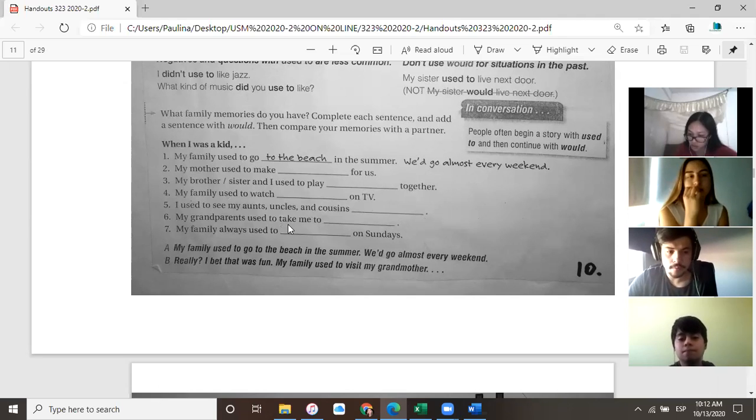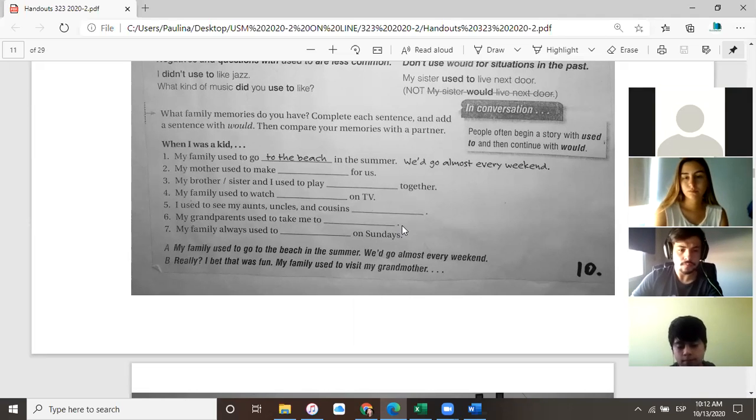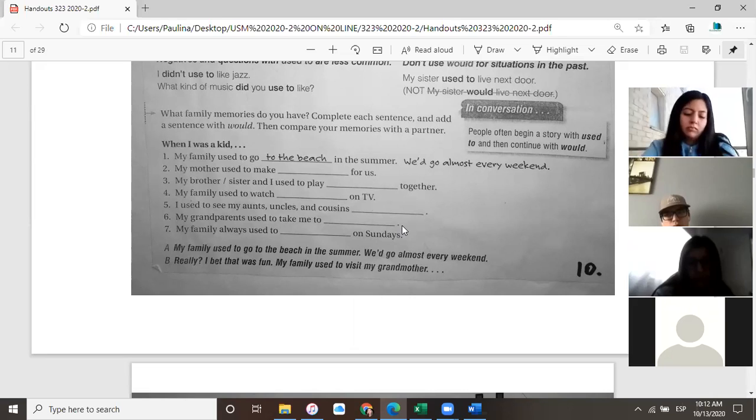My grandparents used to take me to the park. We would play on the slide. Yes, because you said that they used to take you to the park.